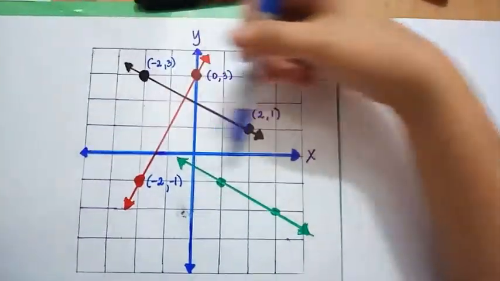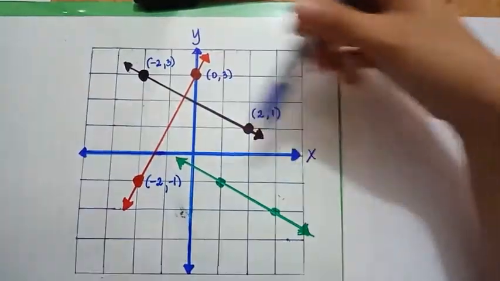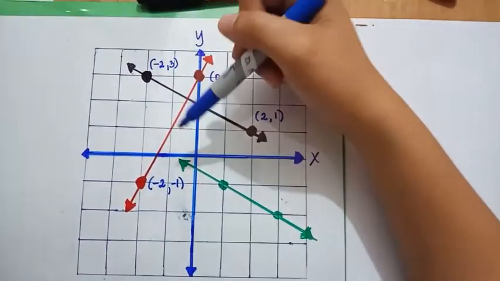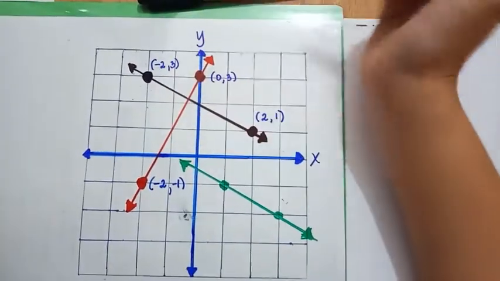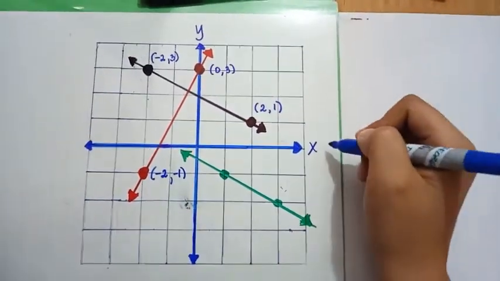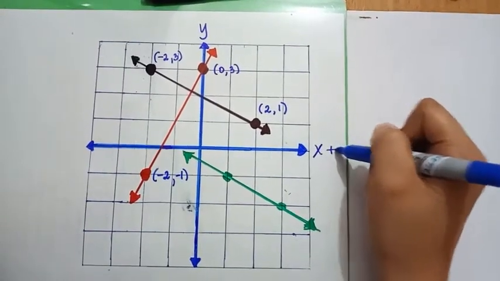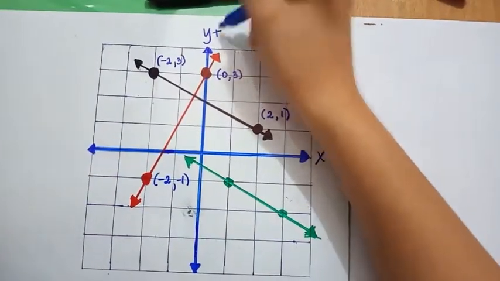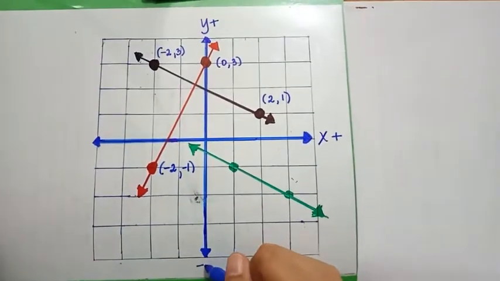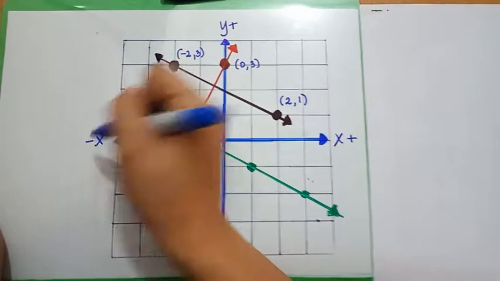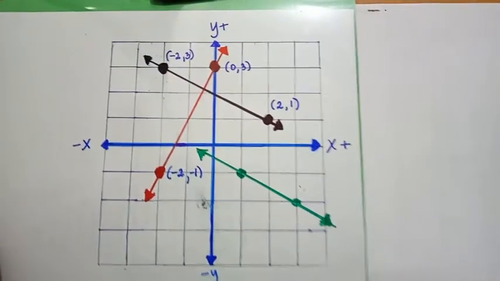Negative 2 sa x, kasi ito yung 0, ito yung positives, ito yung negatives. No, so, negative 2, then positive 3 kasi tumaas. No, so, makakatulong sa inyo na maglalagay kayo ng signs. Lagyan ng signs. Okay? Ayan.